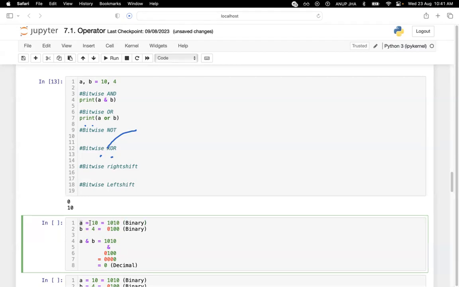When you assign A is equal to 10, Python converts this into 1010. This is called a binary value, 0 and 1.